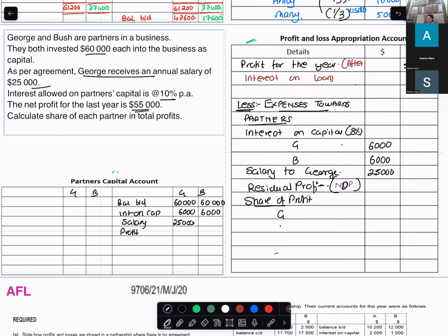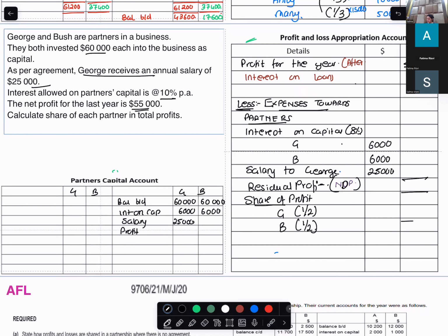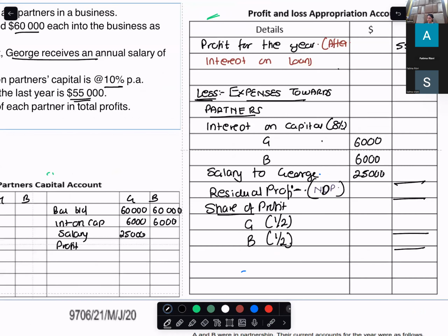No information about share of profits is given, so the profits will be shared equally amongst the partners. Are you with me? Yes. Okay, these two lines you have to make. I have incorporated all the information.